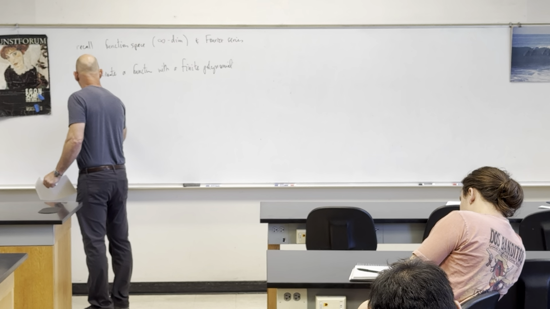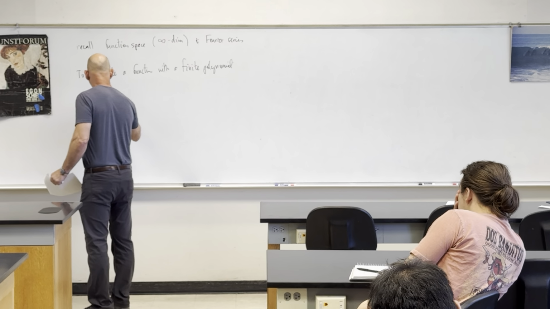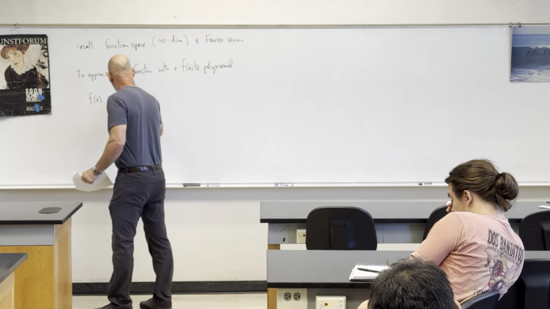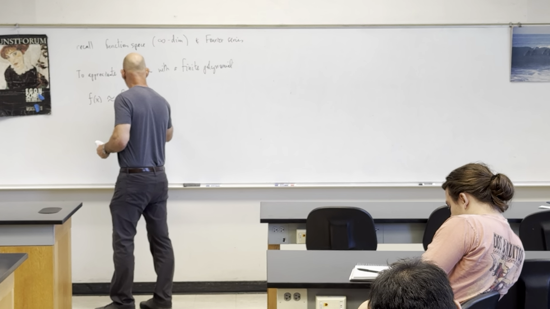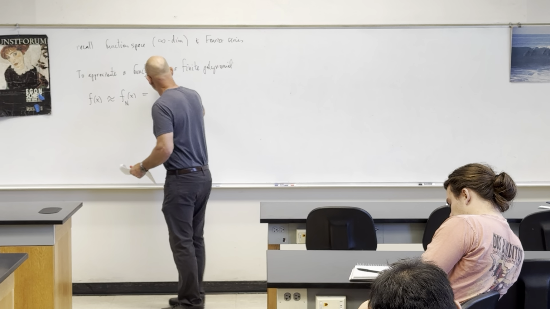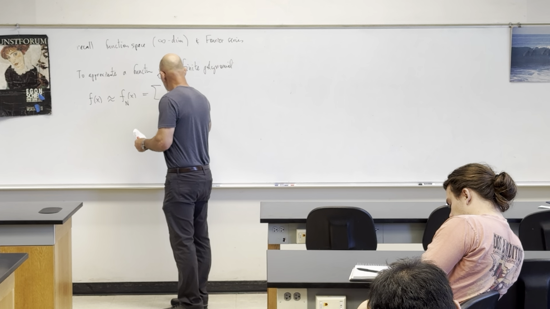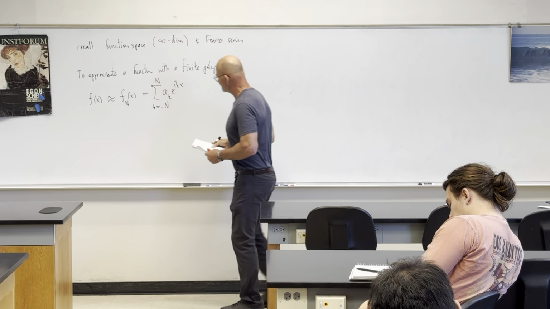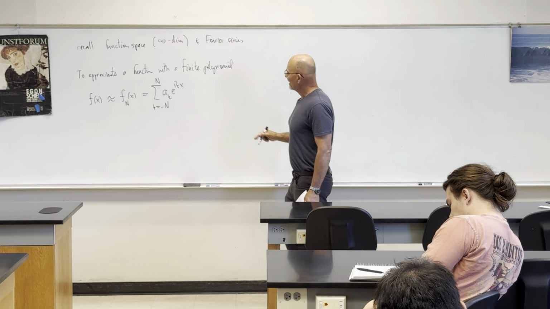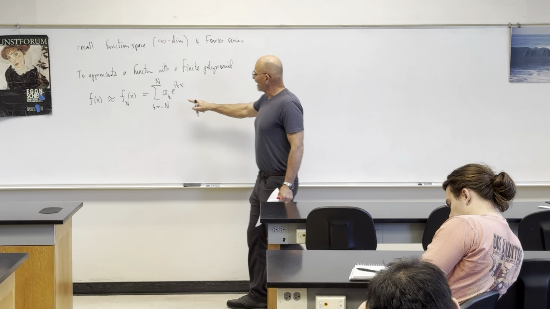We're going to approximate f of x by what I'm going to call f sub capital N of x. We're going to sum a sub k times e to the i k x, k equals minus n to n, and we're going to choose the best a sub k's to make that approximation.